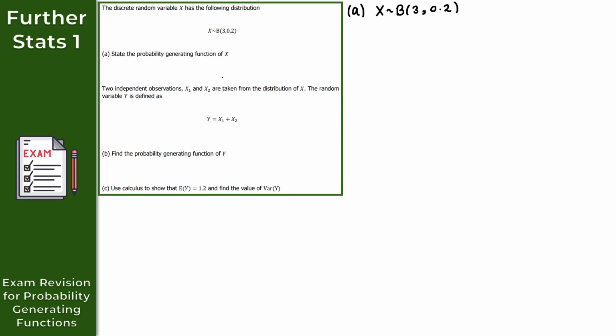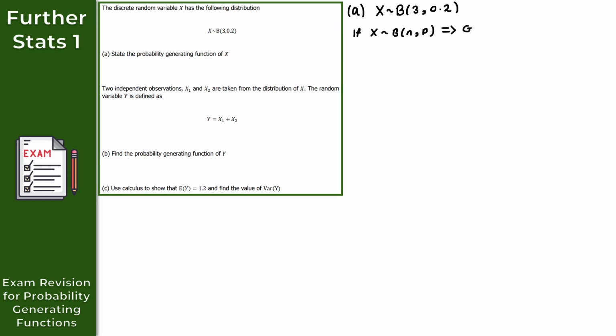So to find the PGF, the probability generating function, well, this is just for a standard distribution here, right? So in that case then, to find the PGF, we simply need to use our formula book and just apply that to this distribution and these parameters. So if x follows a binomial distribution with parameters of n and p, the PGF, I'll just give the result given in the formula book.